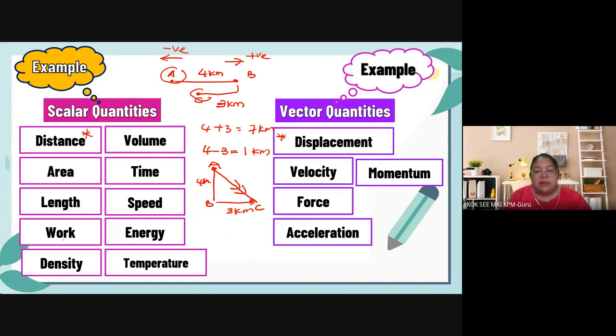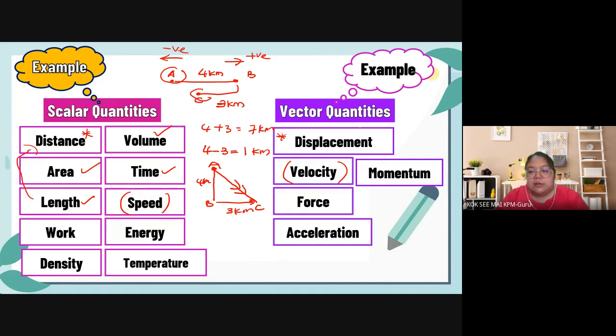Okay, another one is the velocity, speed and also velocity. 这两个也是一样的意思，只是 speed 是没有 direction, velocity got direction. Okay, so the rest understood 啦. Volume 容量哪里有 direction 的，容量就容量咯。然后 area 面积没有，time taken 也没有，length 是走 distance 跟 distance 一样，work, energy, density, temperature, this one is no direction.